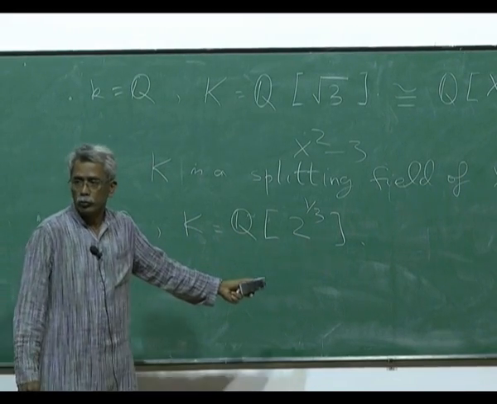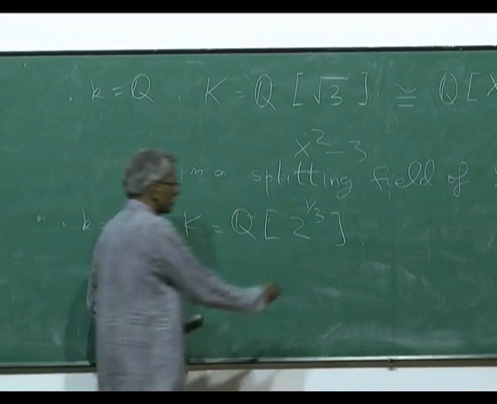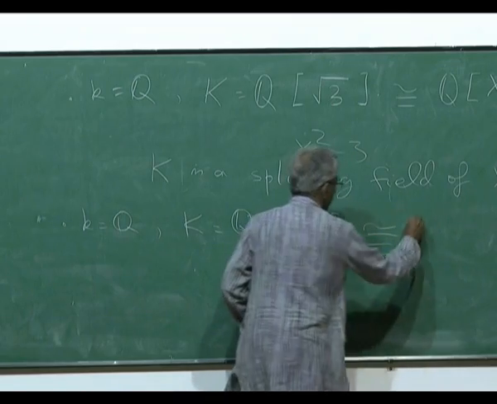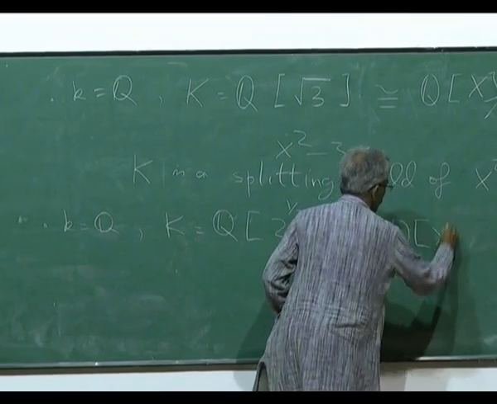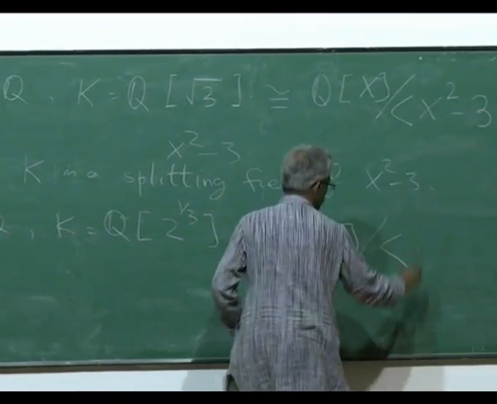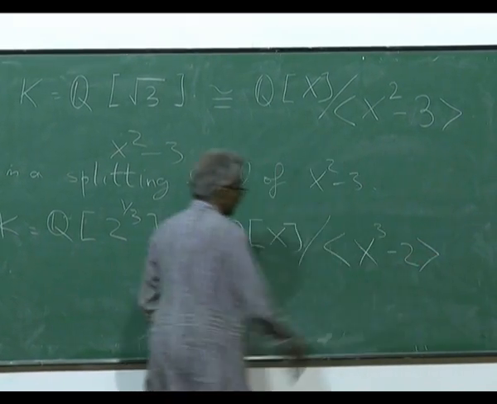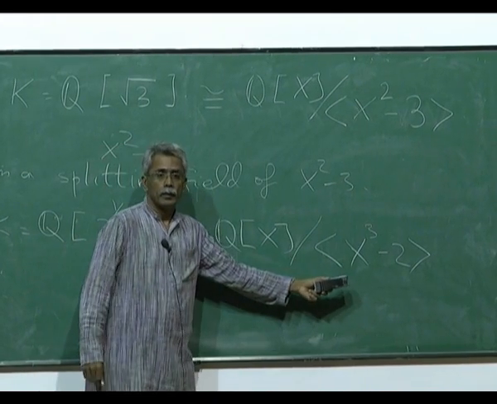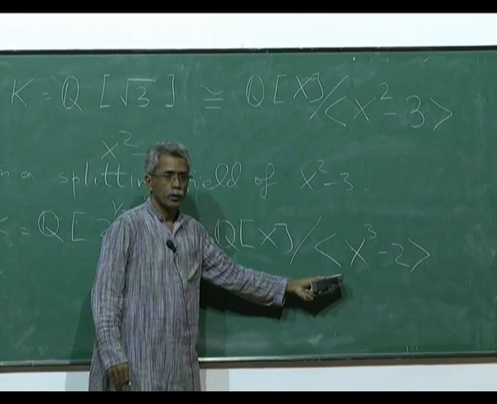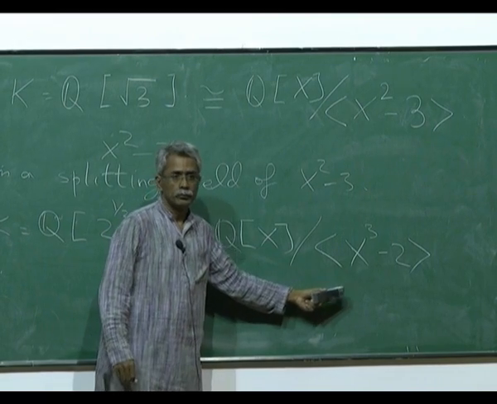Okay. Now this you also recognize is isomorphic to the field Q square bracket x modulo x cube minus 2, and this again cannot be factored in Q. This has no roots in Q.